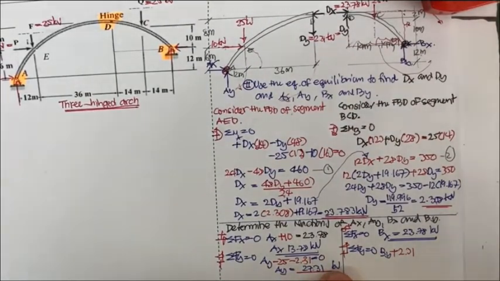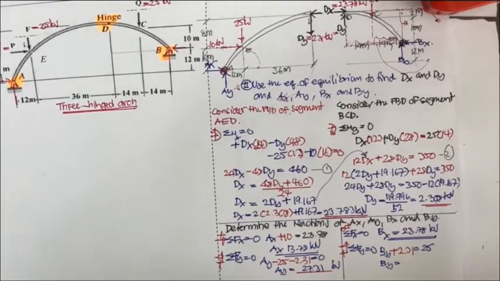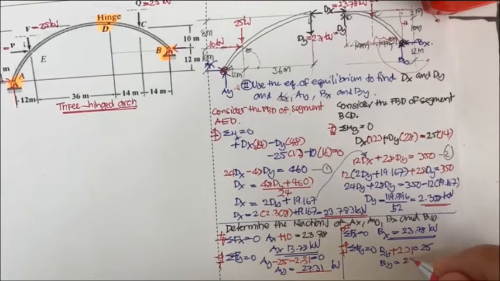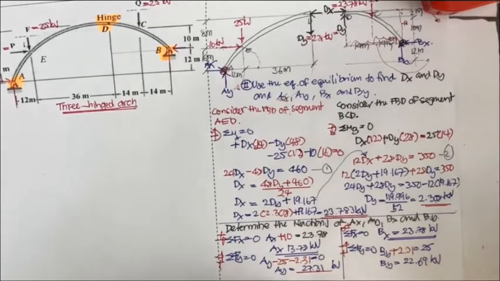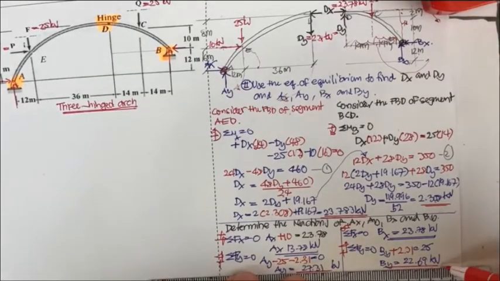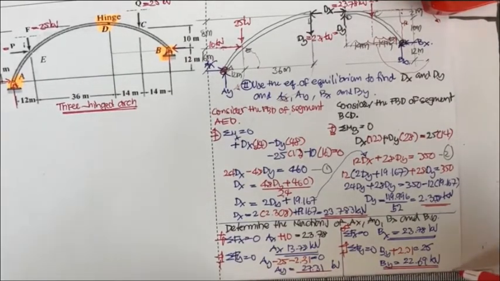Okay, and then 25 is downward, equal to 25. So if you do that, b sub y is going to be 25 minus 2.31, which is 22.69 kilonewton. Okay, you got all of the reactions.